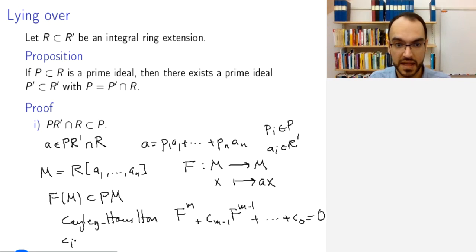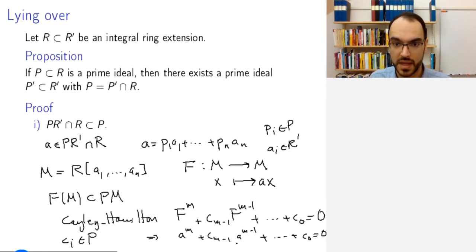Now with the ci all in P because of this property and the Cayley-Hamilton theorem telling us that we can choose the non-leading coefficients to be inside the ideal that multiplies to create the image. Yeah, but now apply this to A as usual. So this will imply that we have a^m plus c_{m-1} a^{m-1}.